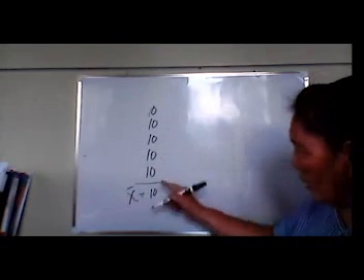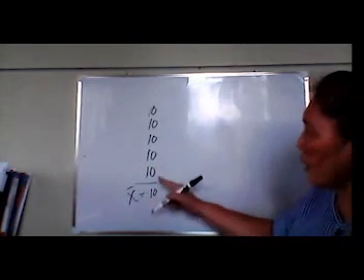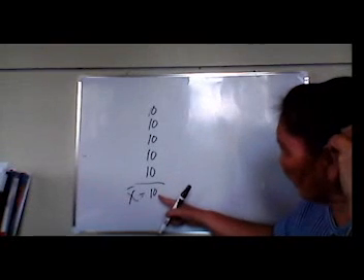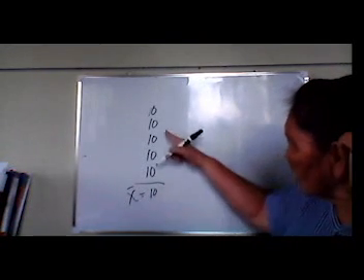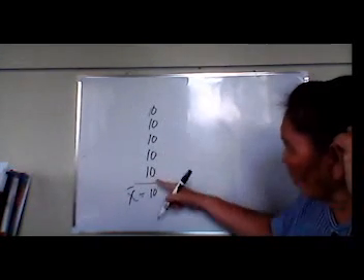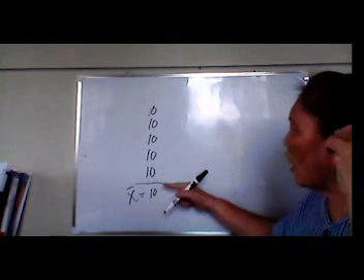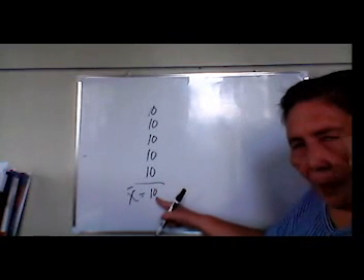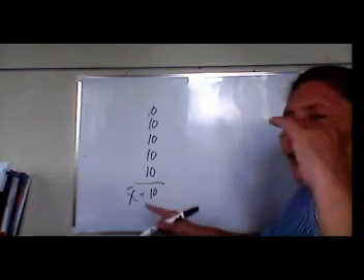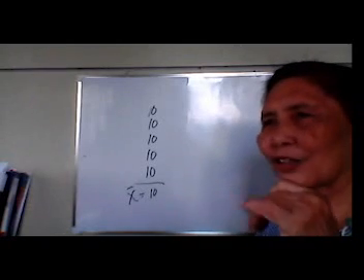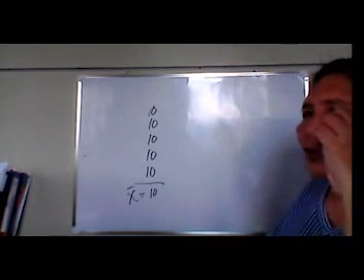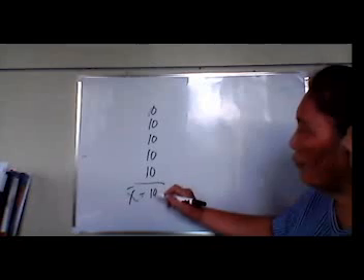50 divided by 5 is 10. Does this score differ from the 10? No, it doesn't. All of these scores do not differ from the mean. So, ladies and gentlemen, there is no deviation of each of these scores from the mean.